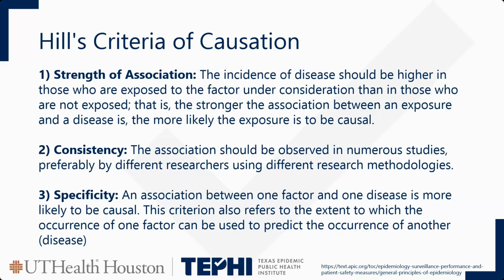The next criteria we're discussing is consistency. The association should be observed in numerous studies done by different researchers using different methods. The next is specificity. It means that a strong and specific association between one exposure and one disease means that it's likely to be a causal relationship. This also refers to the extent to which the occurrence of one factor can be used to predict the occurrence of another factor.